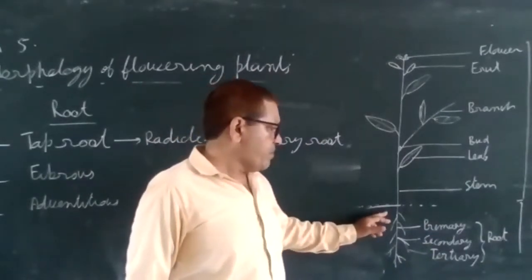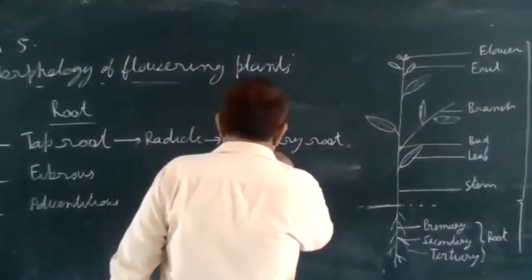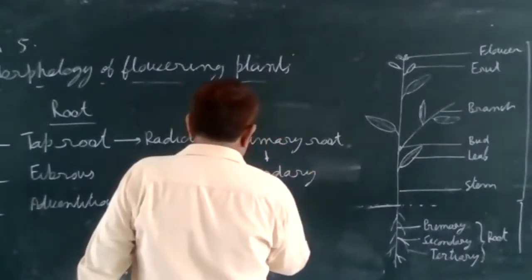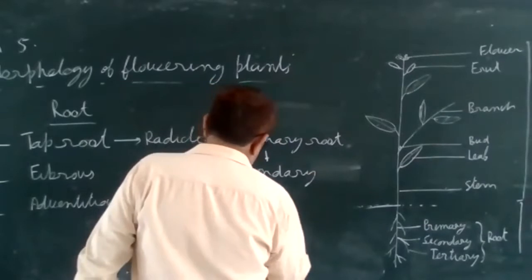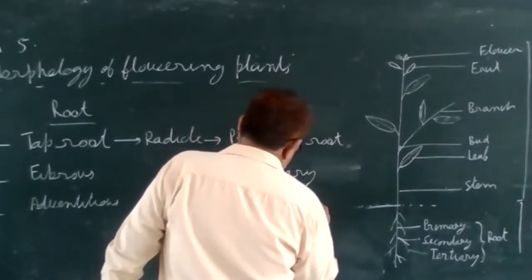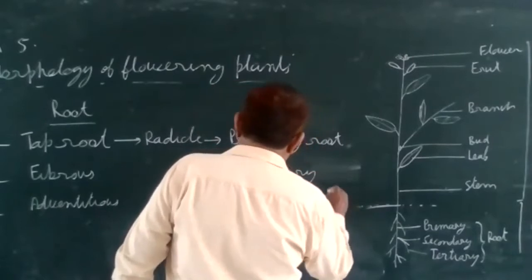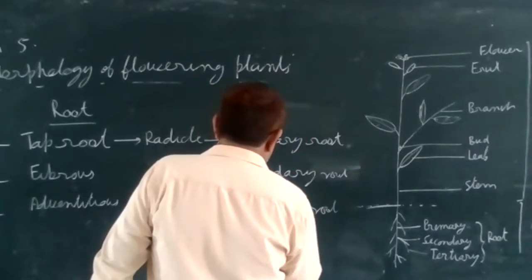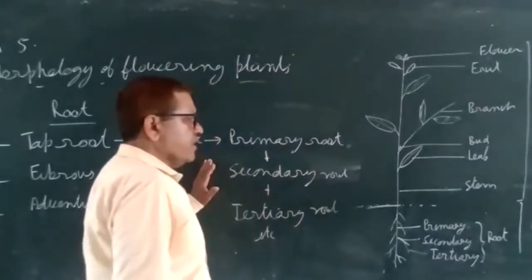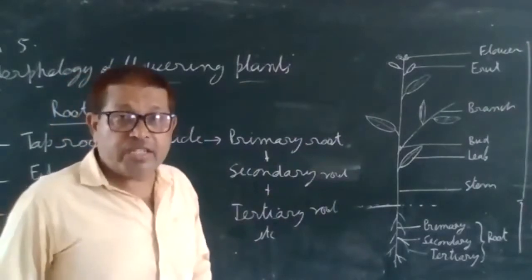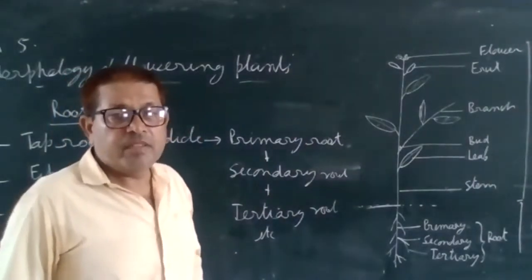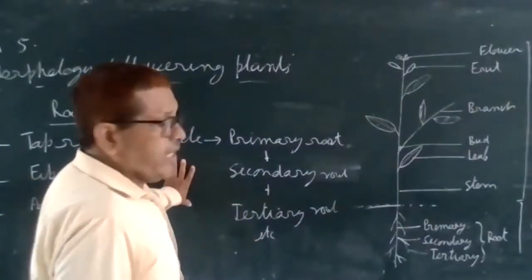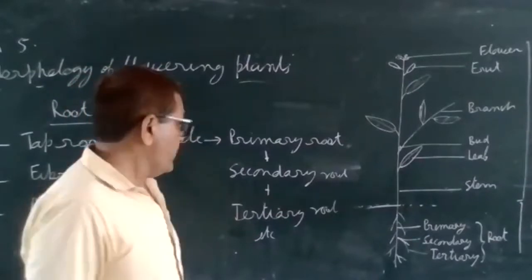Primary root plus secondary root plus tertiary roots, etc., make the root system. Since we are studying the tap root system, it makes the tap root system.